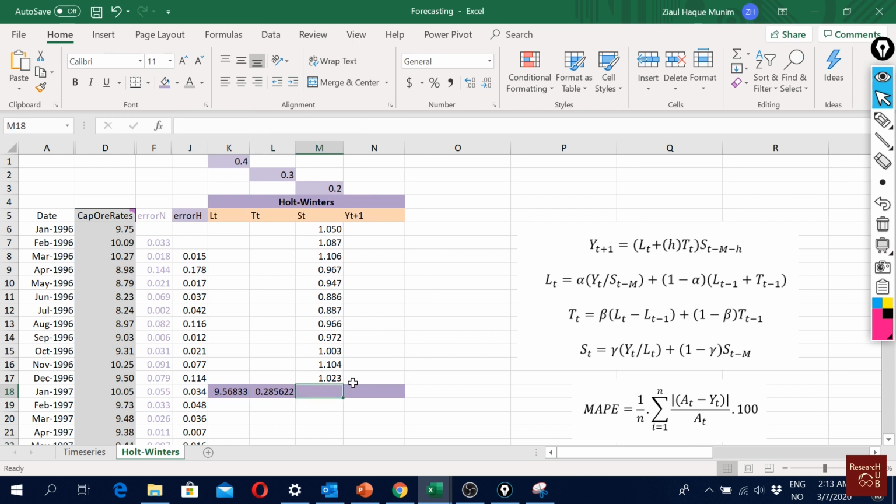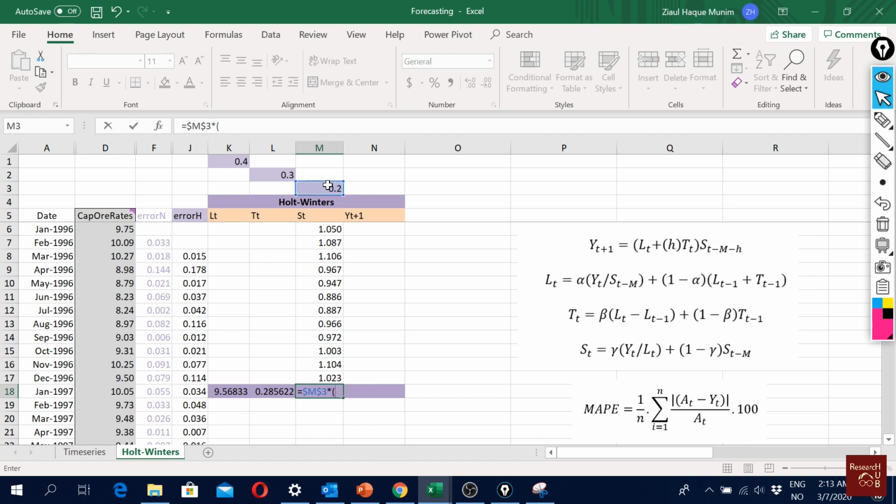Awesome. And by now we have all the information that we need to put in our real equation for the seasonal part of the model. So to do that, I'm going to start with my equation here, and then select my gamma parameter and press F4 to fix that.